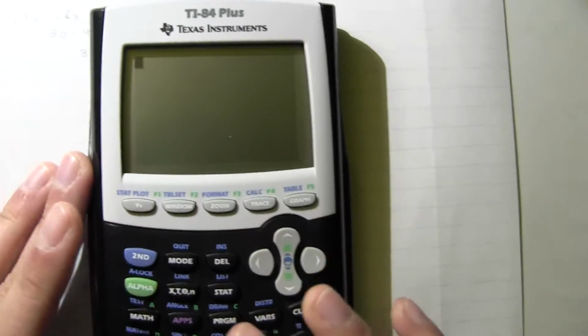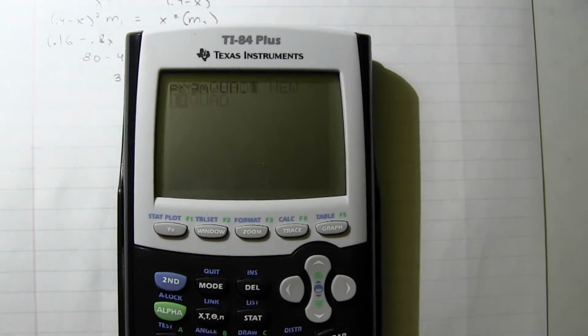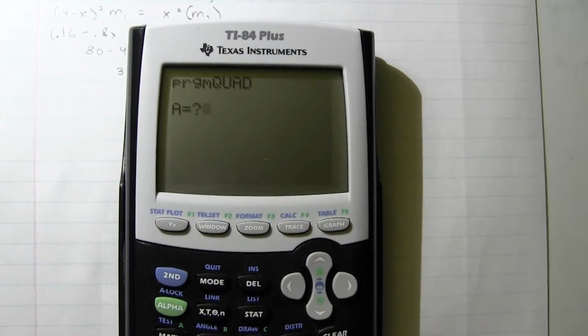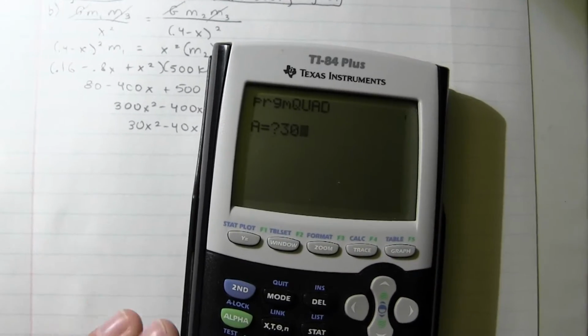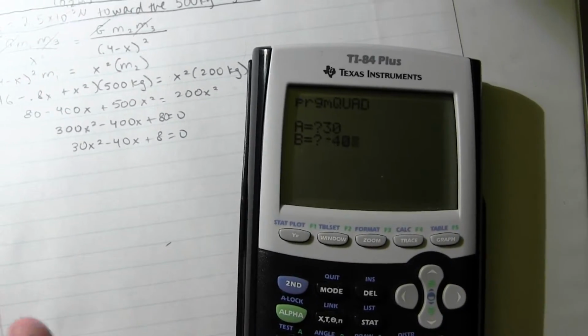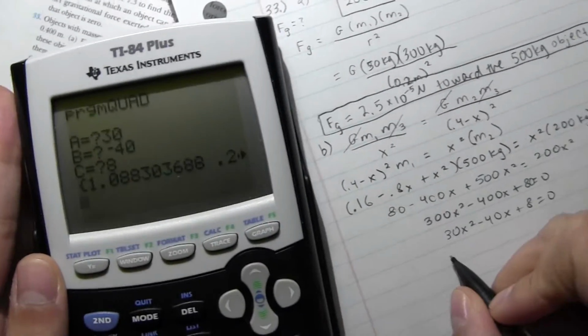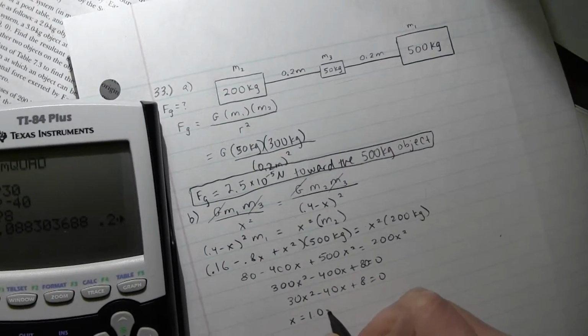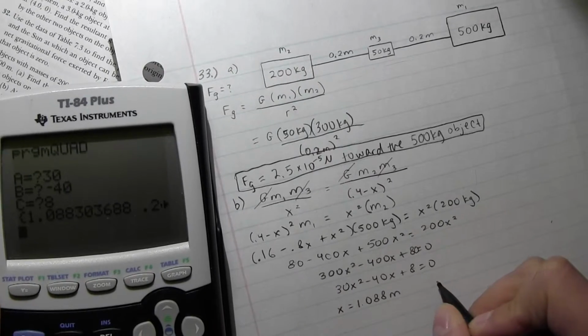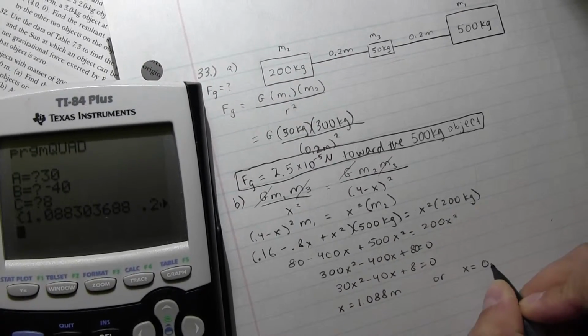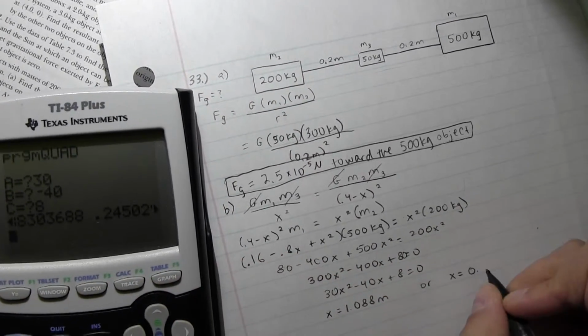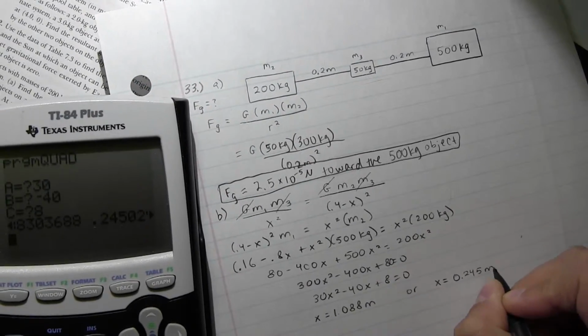So thanks to Diksha, I now know how to do this on my calculator. A is 30, B is negative 40, and C is 8. And you get two answers. You get x equals 1.088 meters, or x equals 0.245 meters.